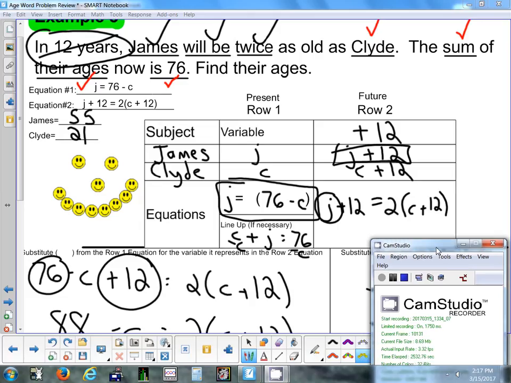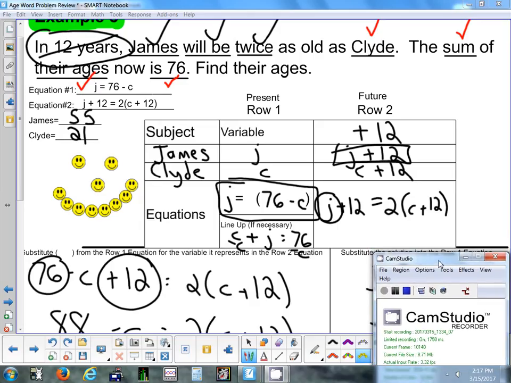This one, we had two variables on the same side, so I had to get it by itself. So if it says a sum of their ages, take the letters you're representing them with, add them together, and it's going to equal whatever it says the sum of their ages will be. In this case, it was 76.